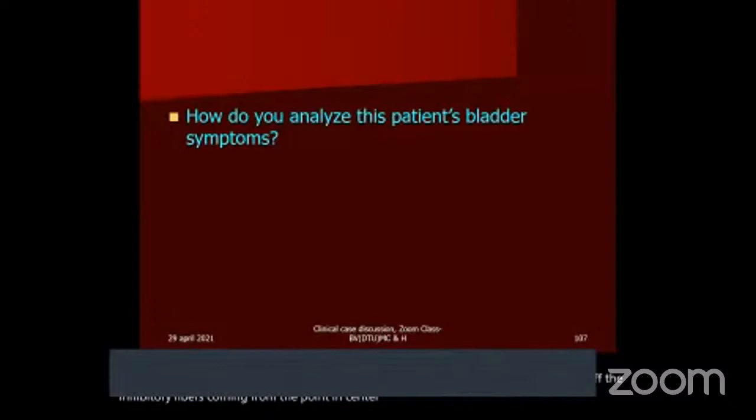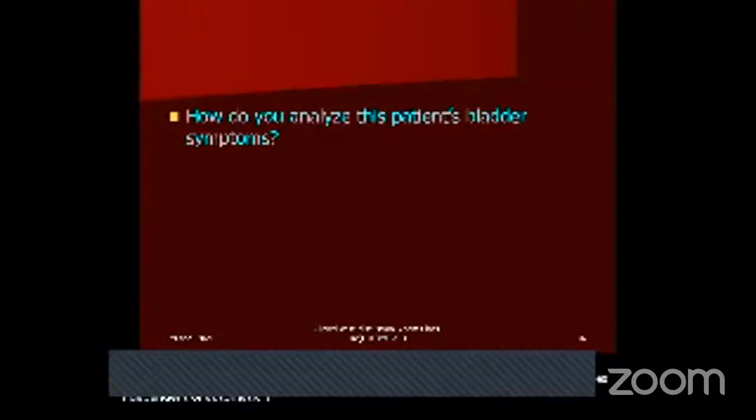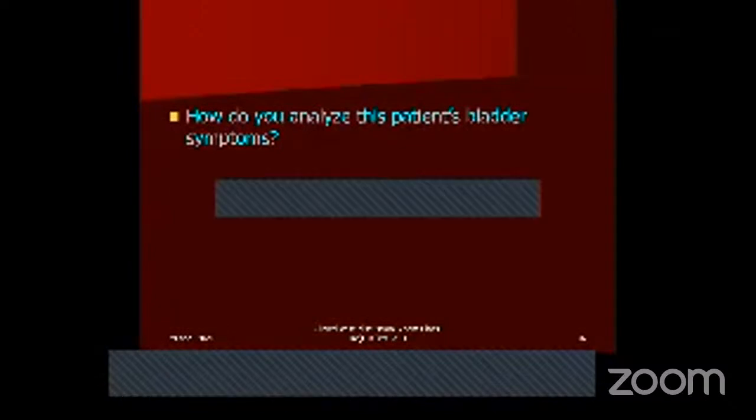These are UMN bladder. Unlike the LMN bladder, if there is a problem in S1, S2, S3 and its connections to the bladder, there will be distension of the bladder and there will be no sensation. A senseless distended bladder, that is distension with overflow, is characteristic of a lower motor neuron type of bladder.